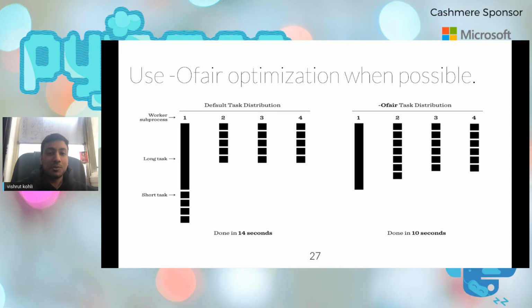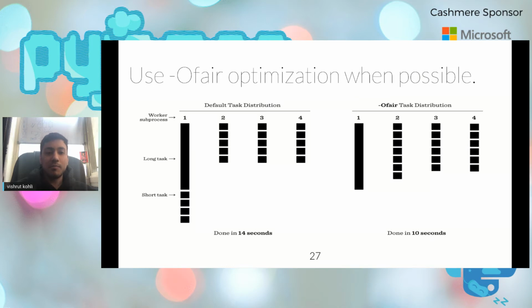Okay, use O-fair optimization when possible. So this is quite interesting. The default approach Celery uses is the round robin approach to distribute tasks among distributed systems. So if you have a set of tasks that take varying amounts of time to complete, either deliberately or due to some unpredictable network conditions, this will cause unexpected delays in total execution time for tasks in the queue, as you might end up having some tasks queued at some worker whilst some workers are idle.